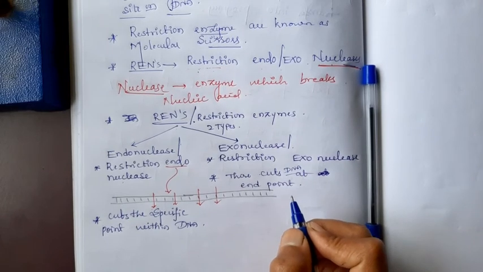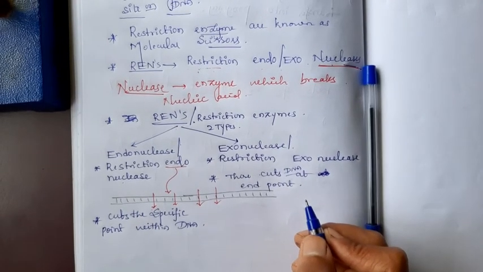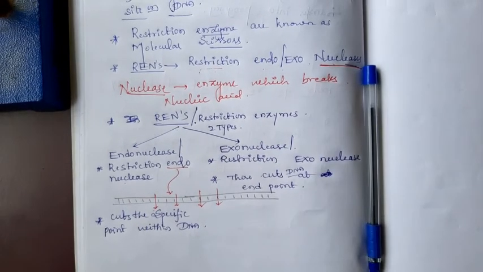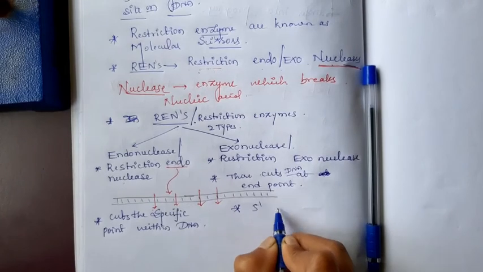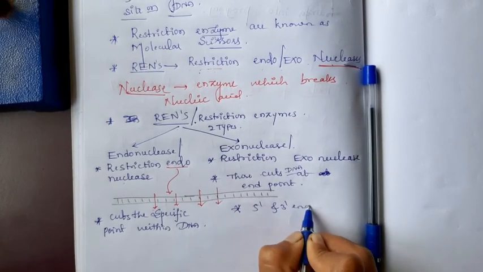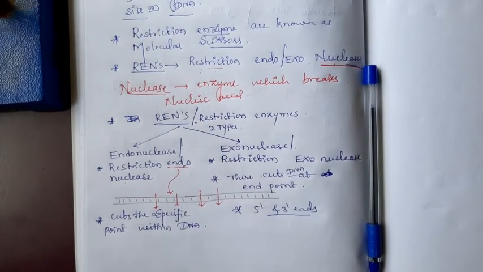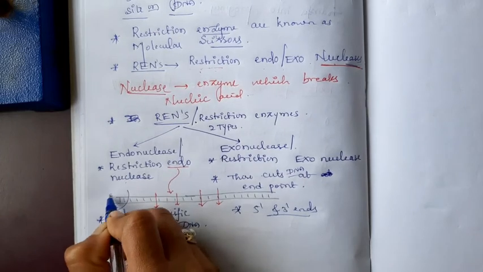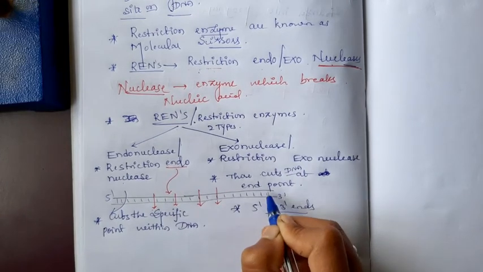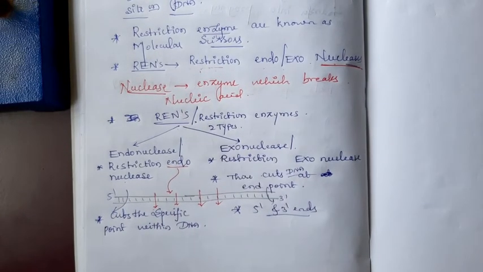Means these enzymes cut the DNA base pairs at the end. You already know that DNA has two ends, 5' and 3' ends. Usually the exonucleases cut the DNA. Consider this exonuclease will cut the 5' end or the 3' end of the DNA.